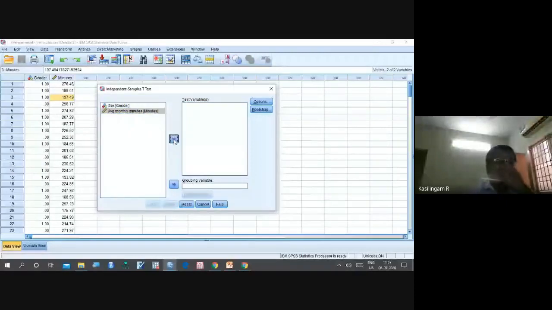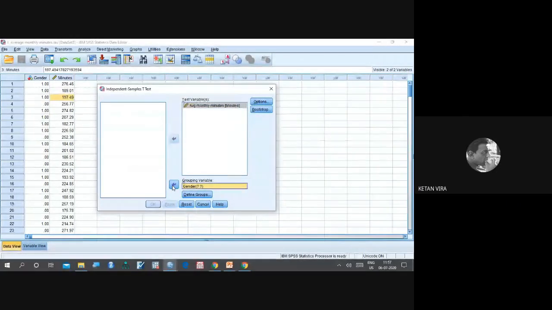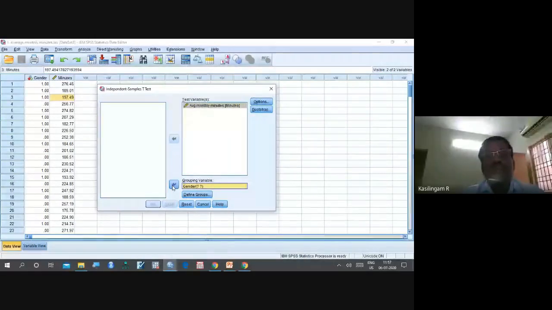Then the categorical variable is the grouping variable. Now, in the grouping variable, OK is not enabled because I have to define groups.